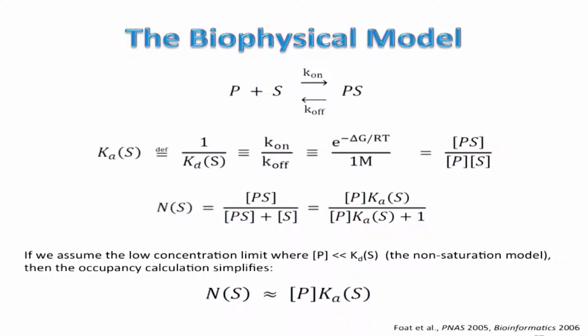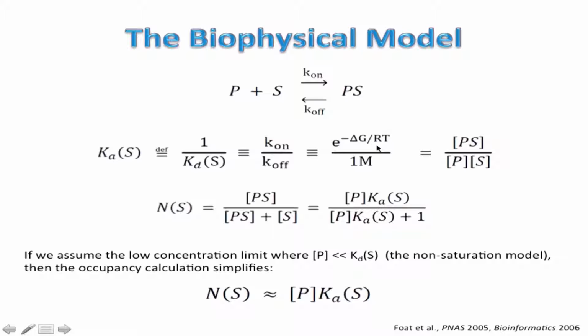Harmen showed how this can also be characterized using the Boltzmann equation, where delta G is the Gibbs free energy of binding, in terms of RT, where R is the gas constant and T is absolute temperature.